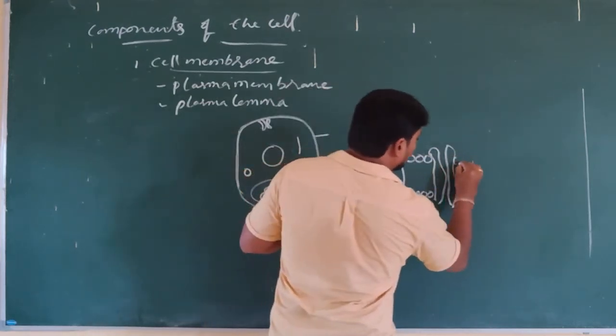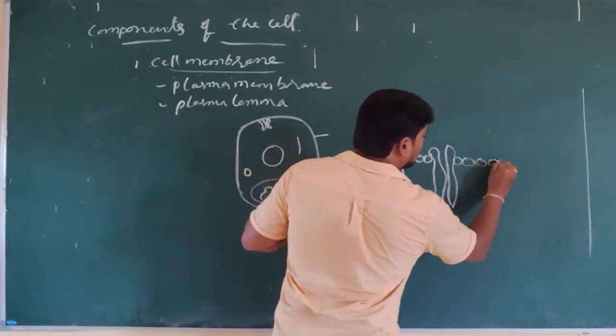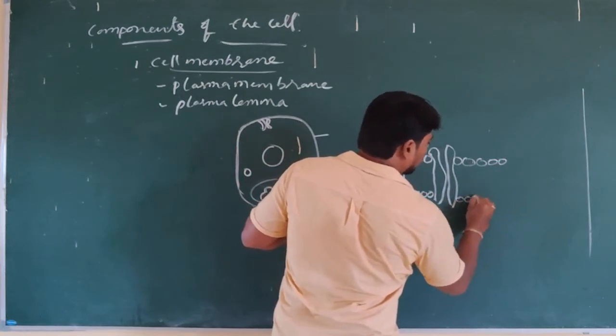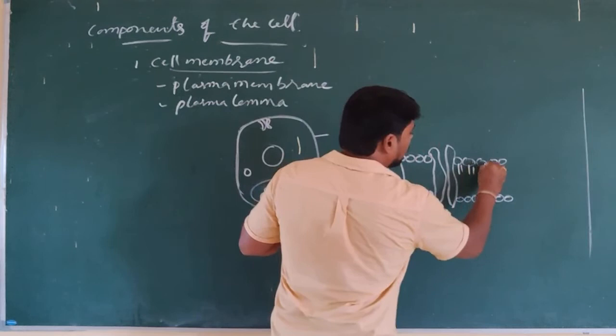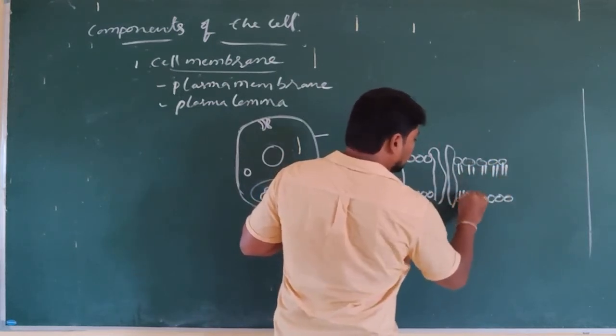So, what is happening here? If you take the structure of the plasma membrane, it is made up of lipids. What type of lipids? Phospholipids.